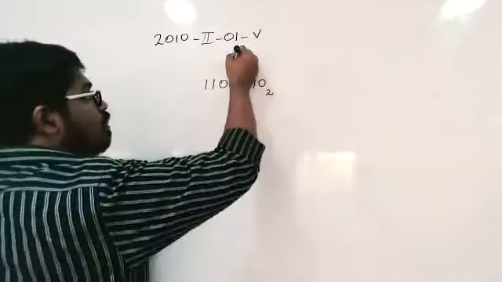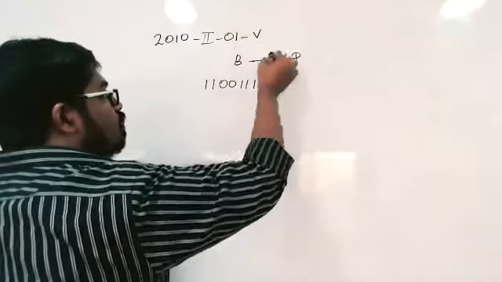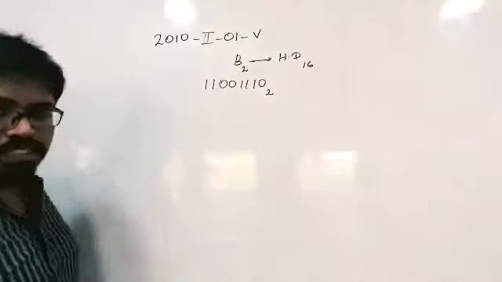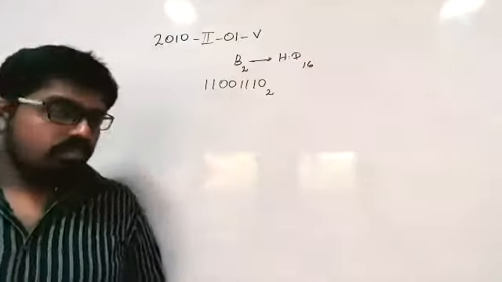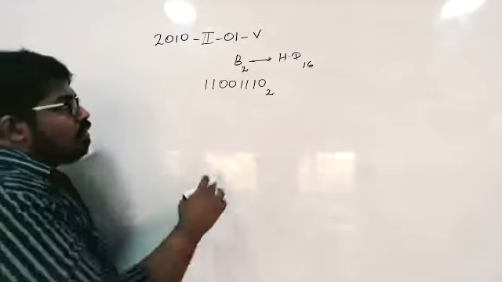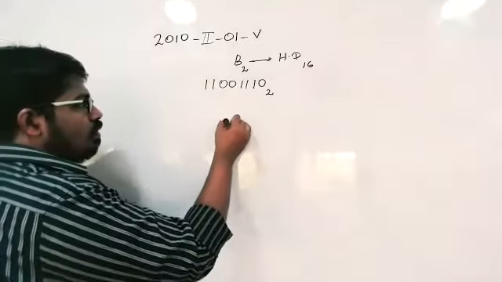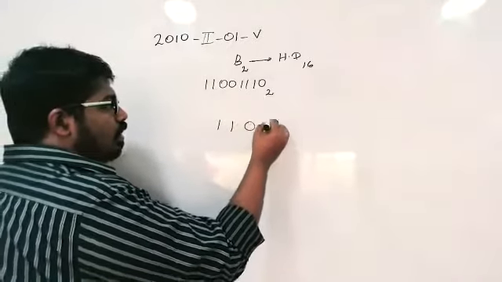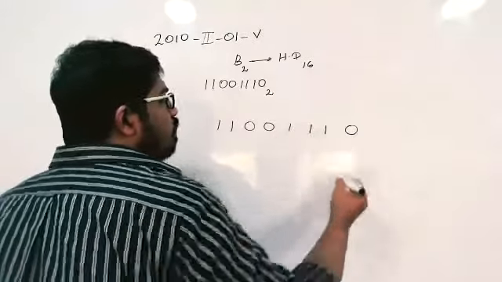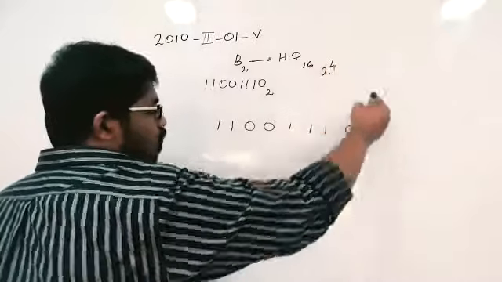So this is binary to hexadecimal conversion. Binary which is base 2 to hexadecimal which is base 16, right? So here you have to do the conversion, rewrite the given value with a little bit of space provided. This is 16, so 2 to the power 4.